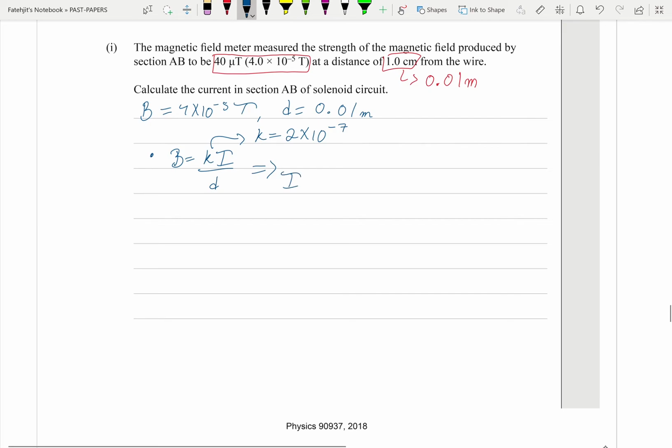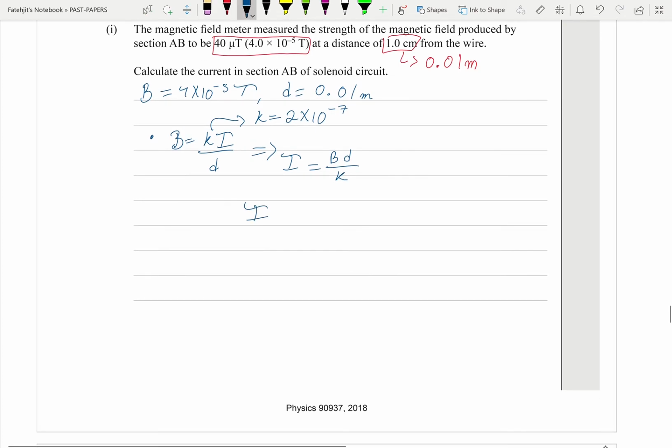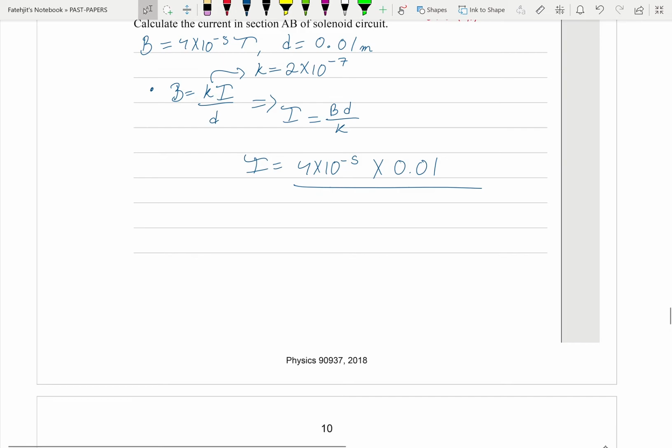So we can rearrange for I, which is B D over the constant K. Therefore, plugging the numbers in, 4 times 10 to the power negative 5 Tesla times the distance of 0.01 meters over the constant K gives us a value of 2 amps. And that is the current.